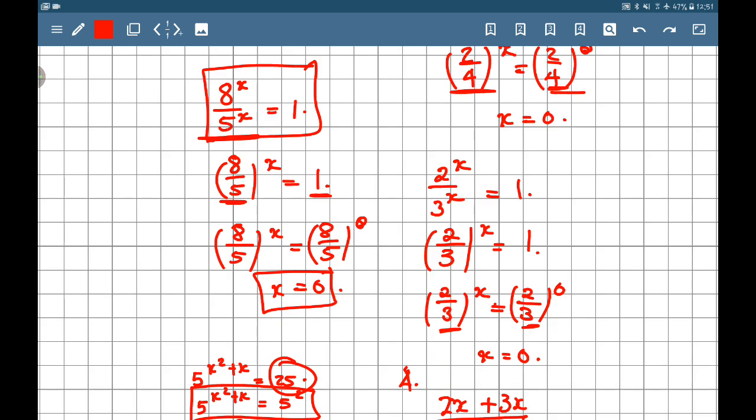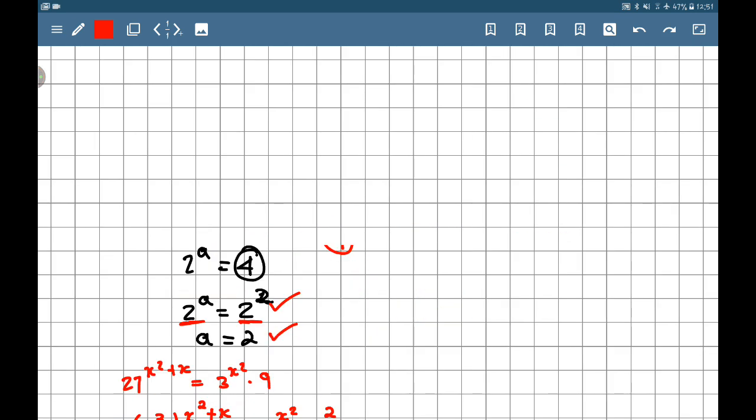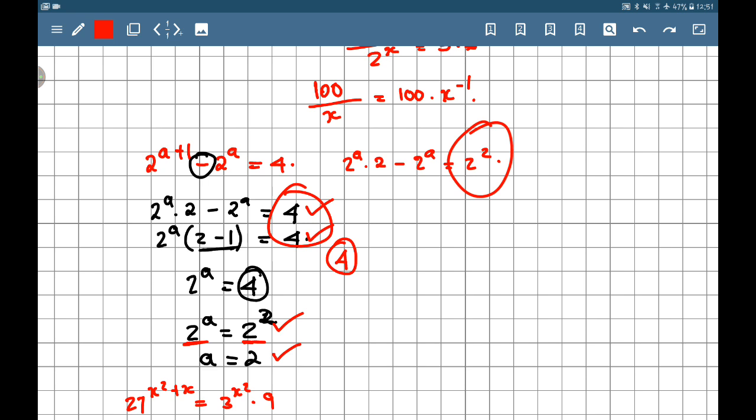Yes. There was a time where I forgot something, and Aisha, you told me. In the last lesson, I did not change 4 to a prime base, and that can be confusing sometimes. Are you following?